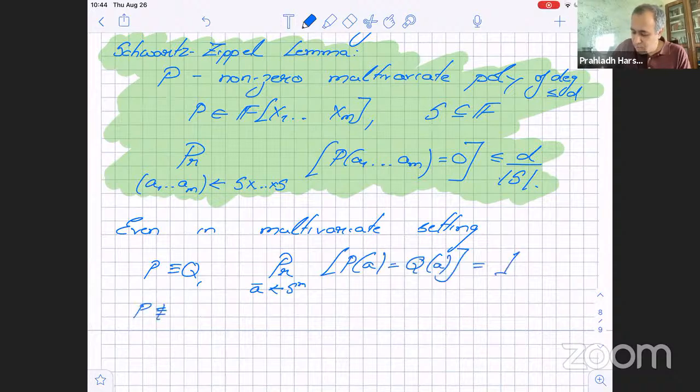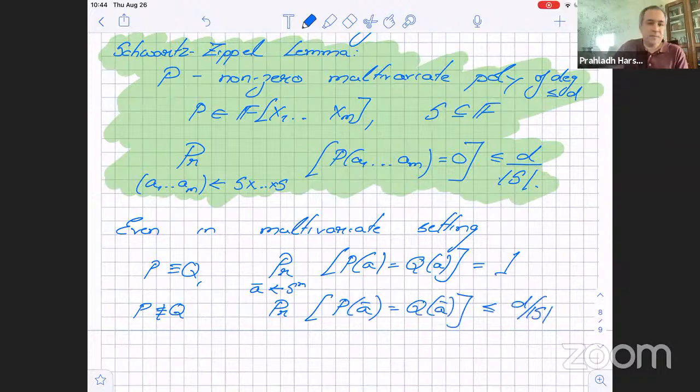If P is not equal to Q, then the probability that P(a) equals Q(a-bar) is less than or equal to d divided by the size of S. So if the size of S is considerably larger, this gives you a randomized algorithm to differentiate the two.